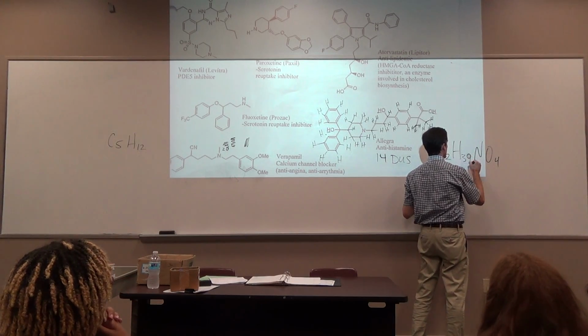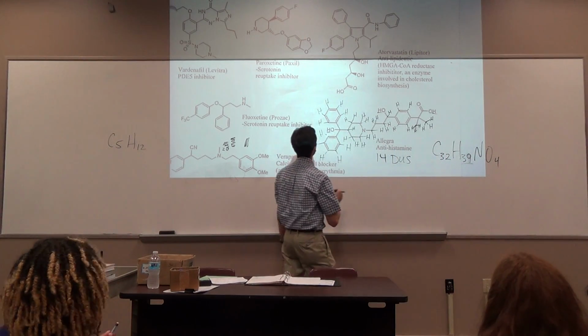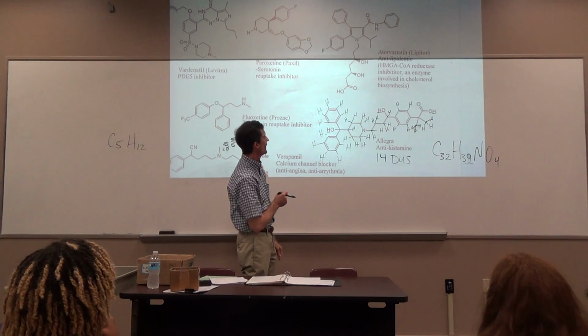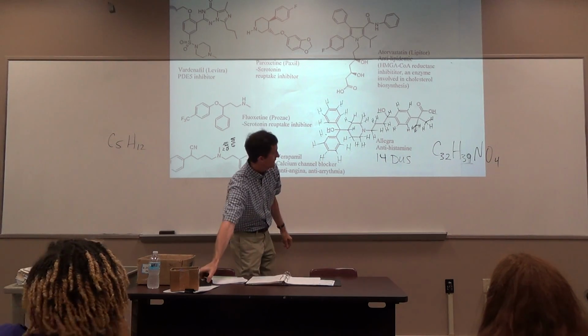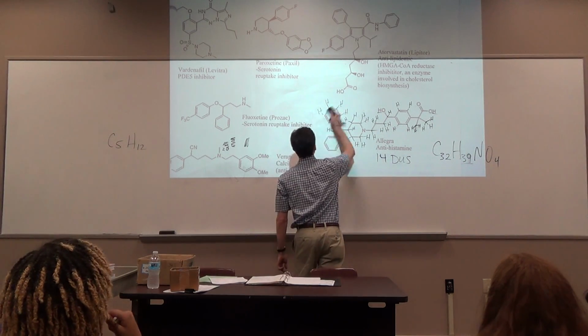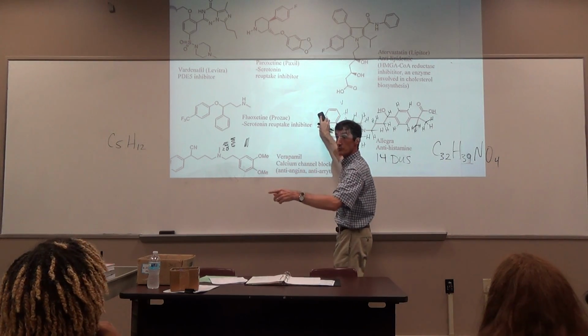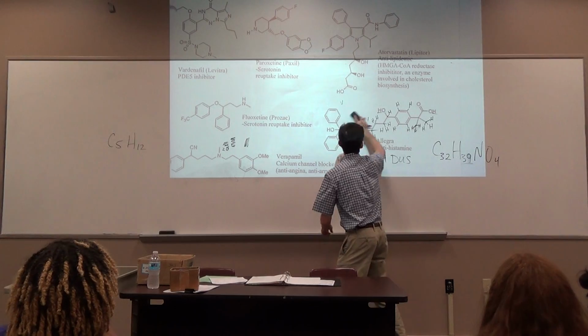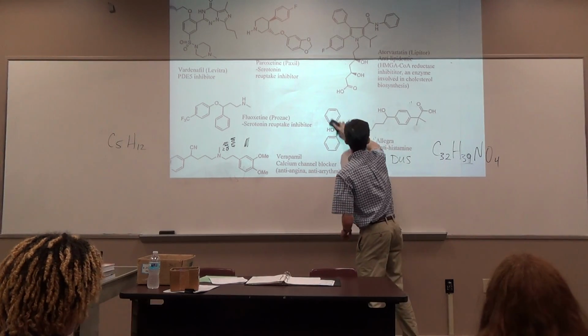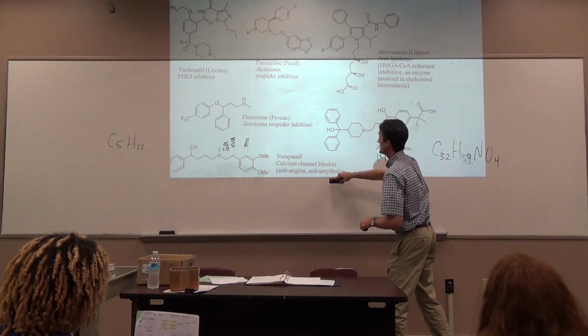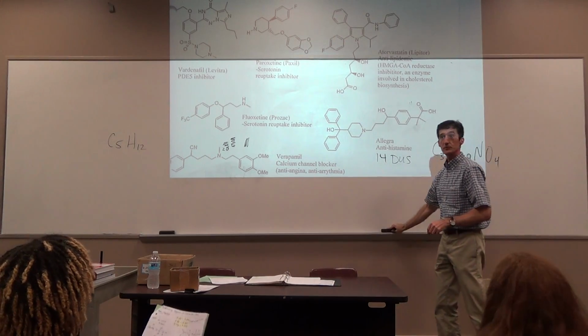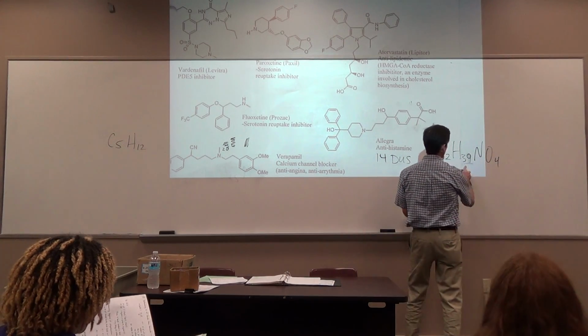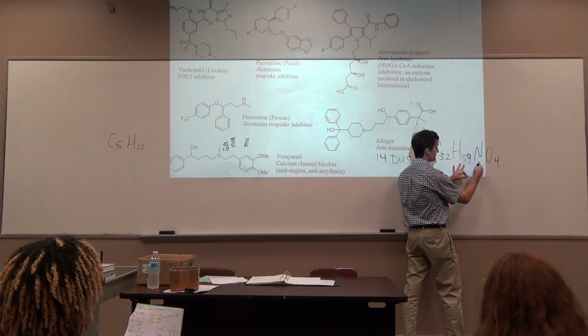Okay, I think it's 39. Which one did you forget? That's a good question, because we could use DUS to get the H's right. I can probably count them easier now. Too cluttered up there.